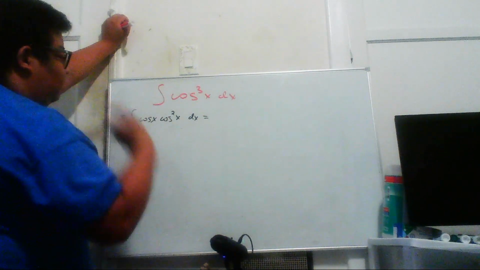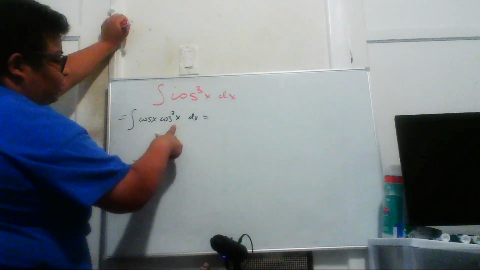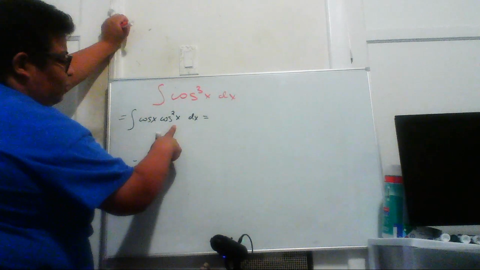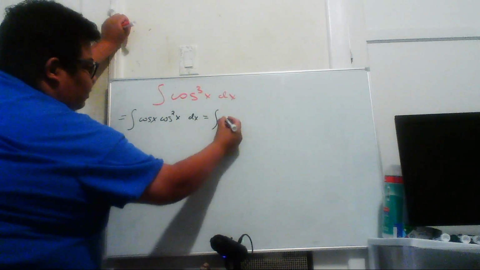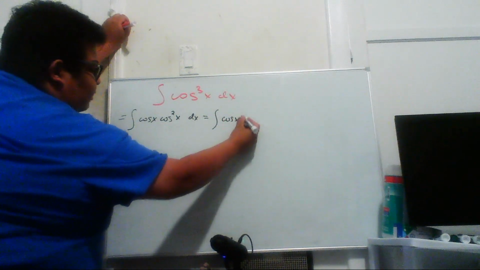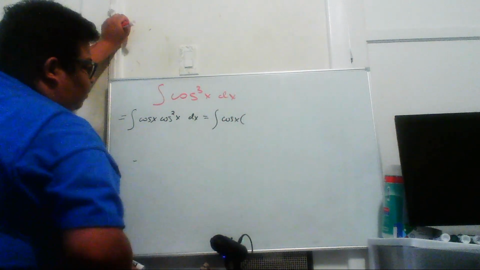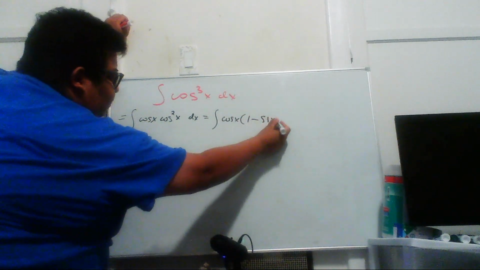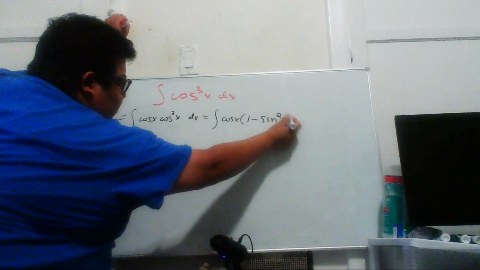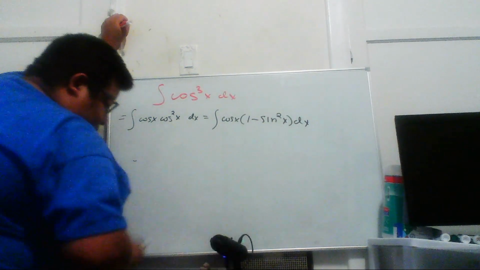Then I'm going to use the trigonometric identity that says sine squared plus cos squared equals 1. So I'm going to transform this as cos x times 1 minus sine squared x dx.